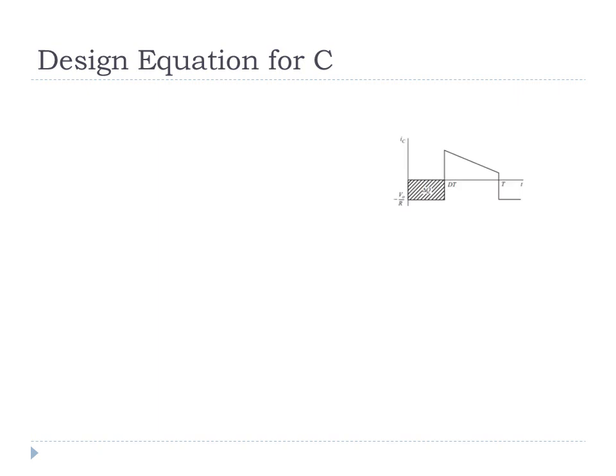Let us find out the value of C in the circuit. To find the value of C, we use the waveform of IC. In the waveform of IC, we can see that there is a different wave shape in the positive half and the negative half. The area of the waveform in the negative half is simply a rectangular area.